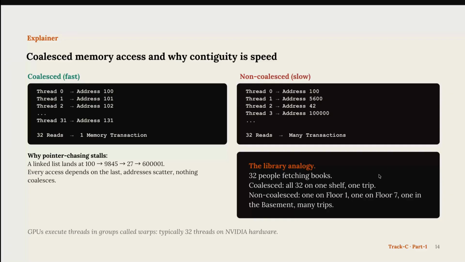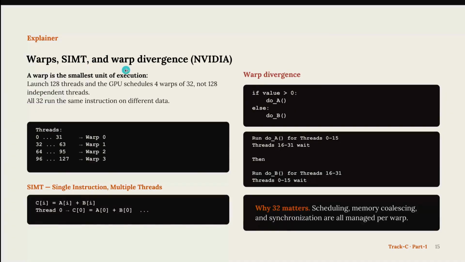And that's where GPUs come into play. GPUs execute threads in groups called warps. NVIDIA's hardware architecture, the semiconductor chips they have built, is dependent on this architecture, where 32 threads are clubbed together and all of them are executed together. That's the smallest unit of execution for NVIDIA as well.